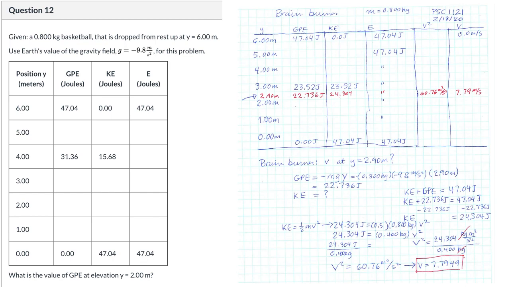All right, let me try that again. Okay, this is divide by up here. I'm getting a lot of glare here, so let's see, 0.400. Okay, 60.76. All right, so that's v squared. 60.76 meters squared per second squared. Don't forget that. Now, that's not your brain burner speed. That's the square of it.